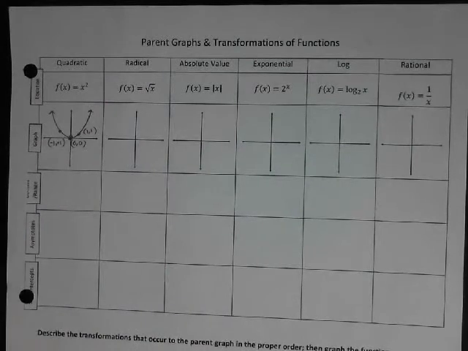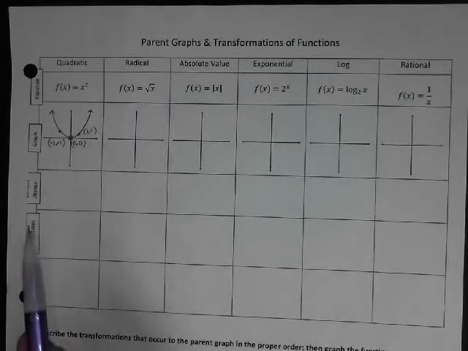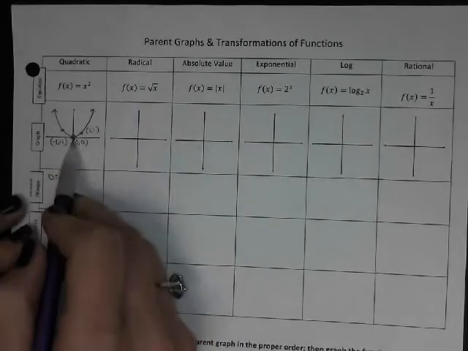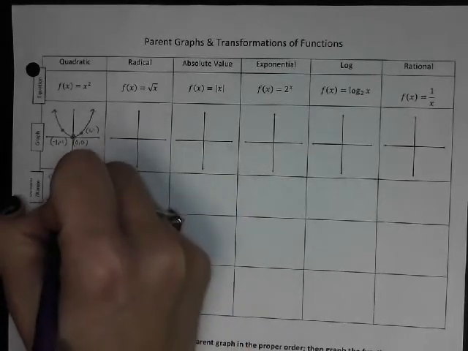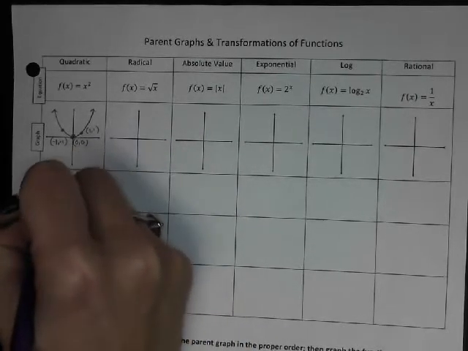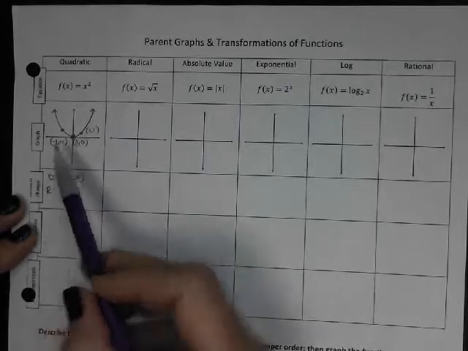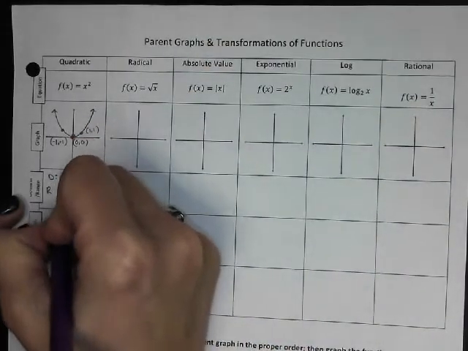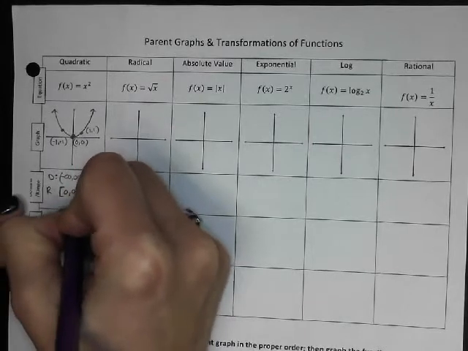Those 3 critical points are all going to change with shifts and stretches and compressions, but that's the critical parent graph. So your domain is all x values, negative infinity to infinity, and your range goes as low as 0 to infinity, and it actually hits 0, so I'll use a bracket there.